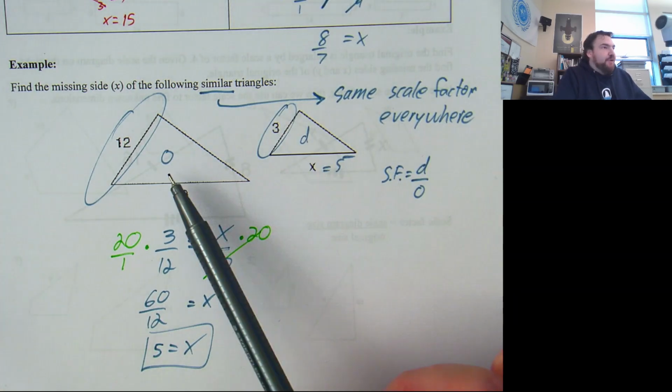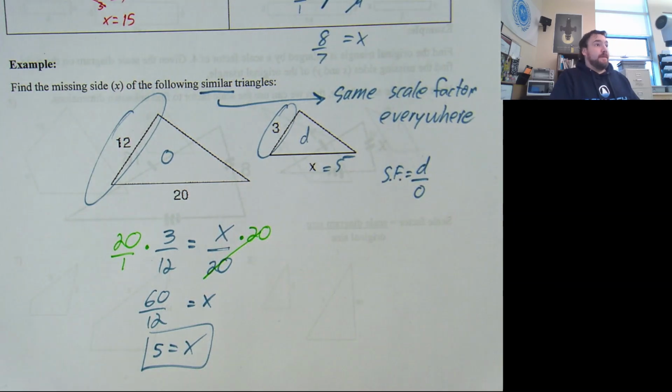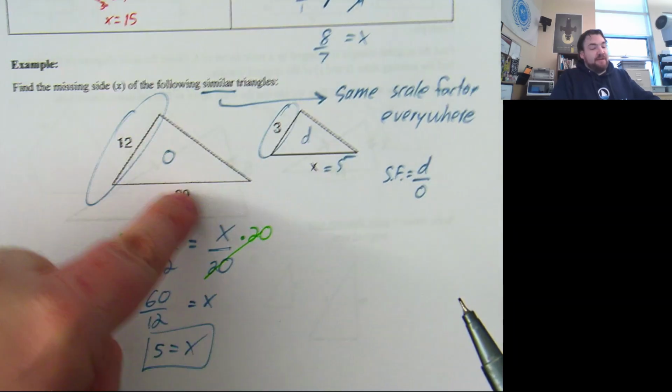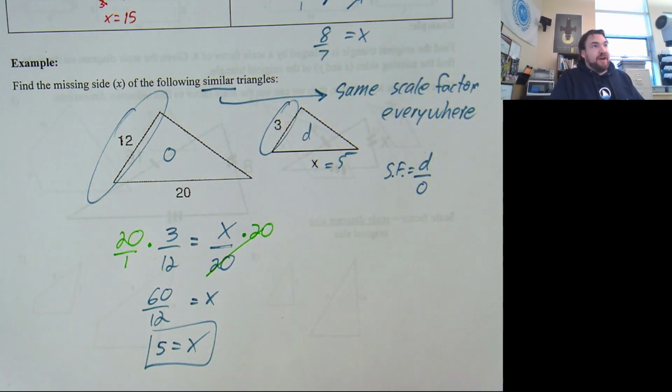If you go the other way, if you call this, yes, Juno? So I did that. It's just like 12 and 20 were in the same fraction. It would be 12 over 20. So you use sides within the same triangle.